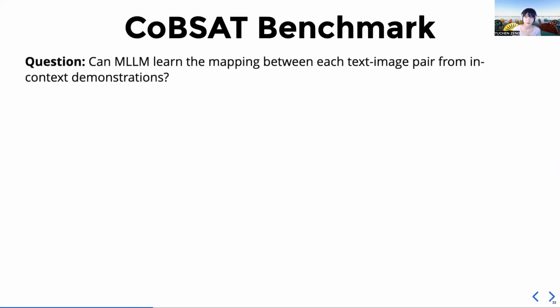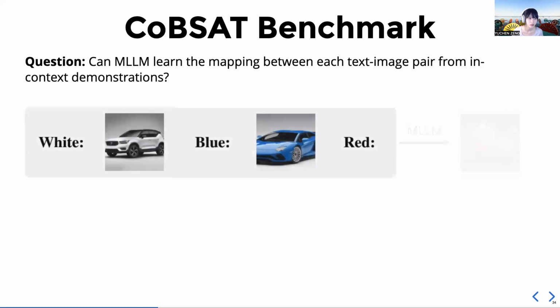Let's rephrase the key question: can MLLMs perform T2I ICL? The main goal is to understand whether the MLLM is able to learn the mapping between each text-image pair from the in-context demonstrations. Here is an example prompt from the dataset we designed. We have color as the textual instruction, and an image of a car of the corresponding color as the output.